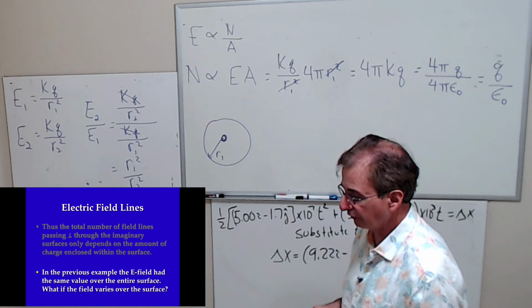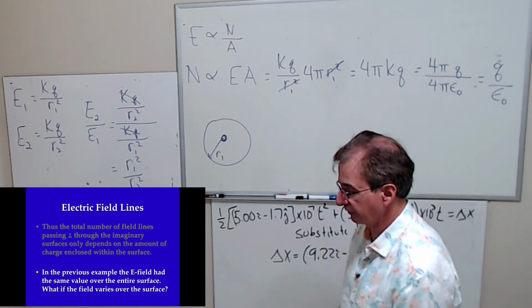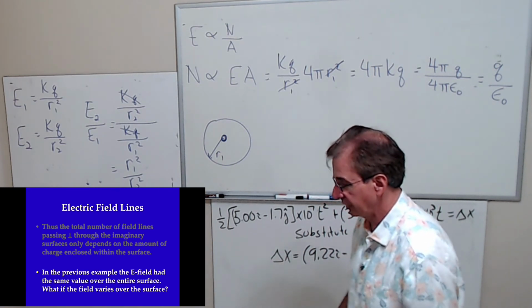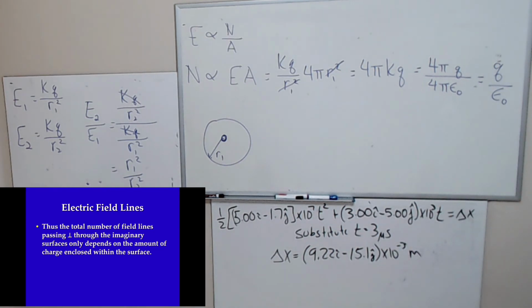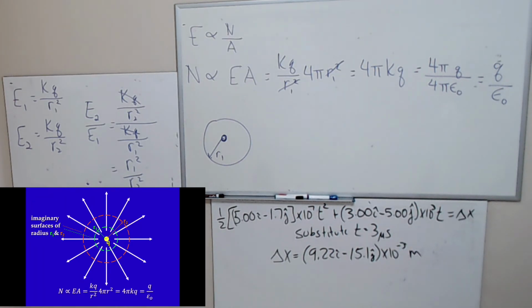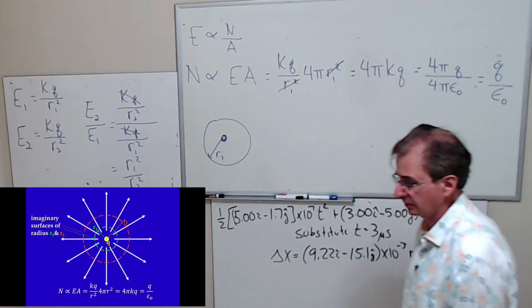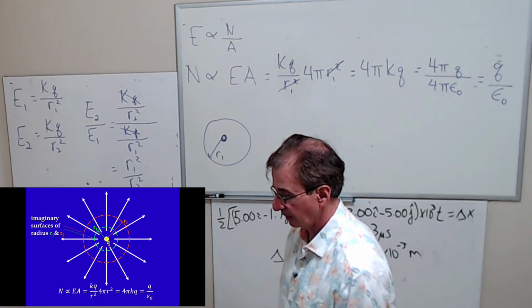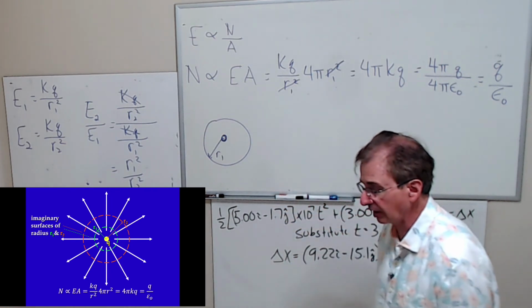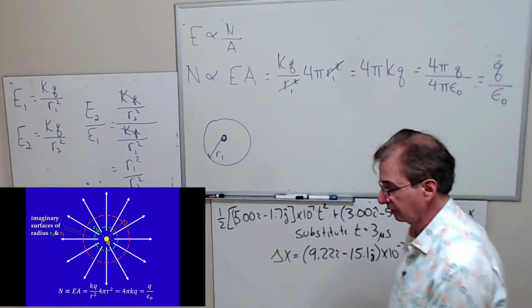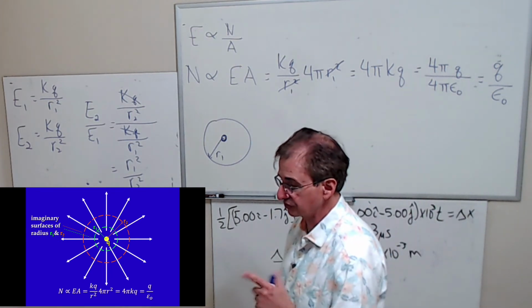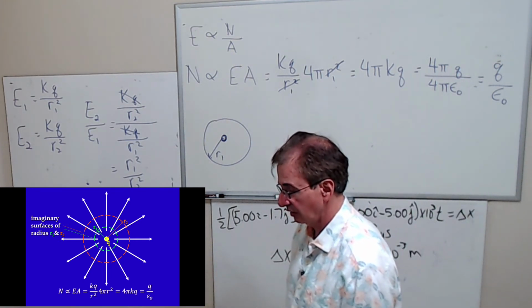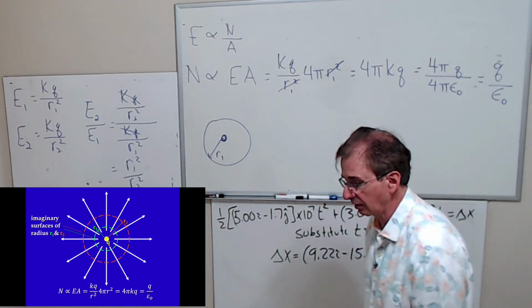Now, what if the field varies all the way along the surface? How do I do the calculation? When I did this problem, E was constant all the way around the surface. In fact, E was perpendicular to the surface all the way around it. What if the direction of E changed on the surface? What if the value of E changed all the way along the surface?